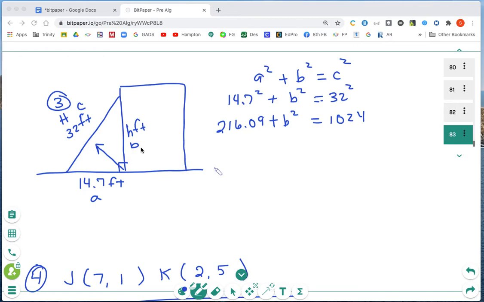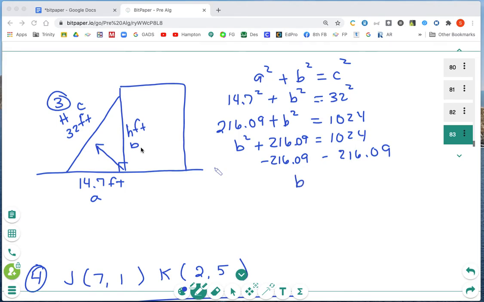So we're going to do commutative property of addition. So B squared plus 216.09 is equal to 1024. Is he alone? No. So we're going to zero pair out 216.09 and 216.09.